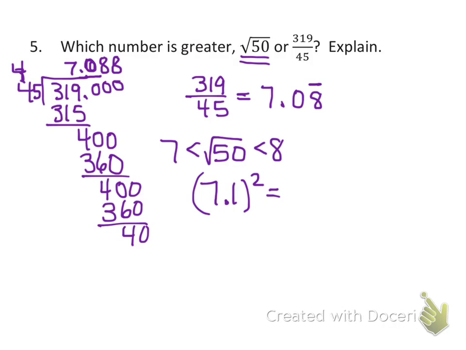Now here's where you could use a calculator. I haven't used a calculator yet on these problems, so hopefully you haven't either. So 7.1 times 7.1 is equal to 50.41. Okay, so what information does that give us?